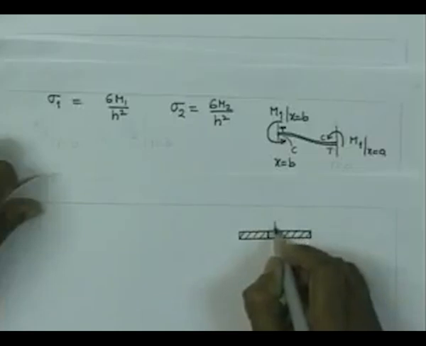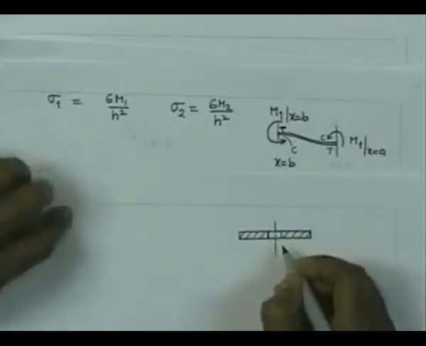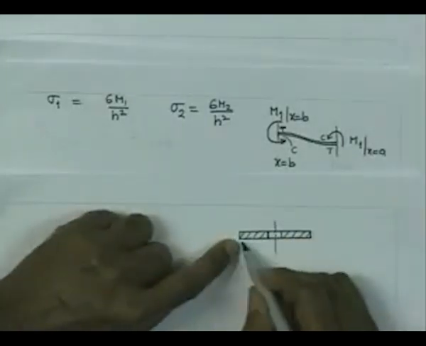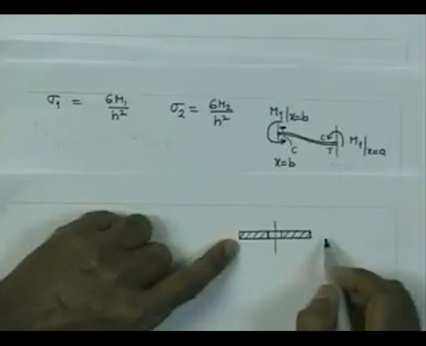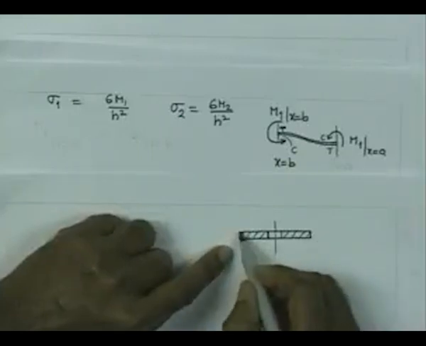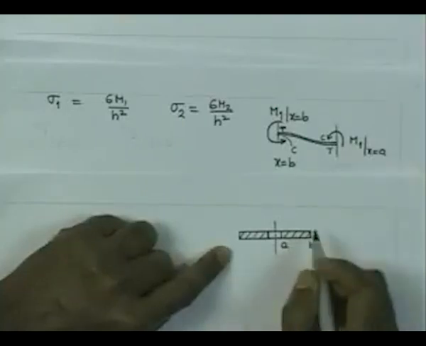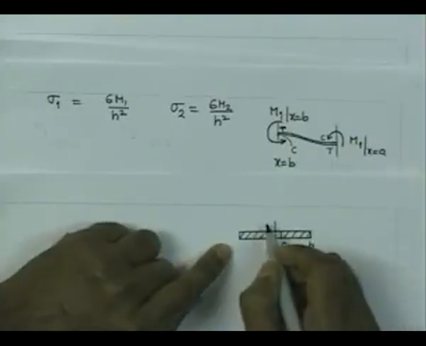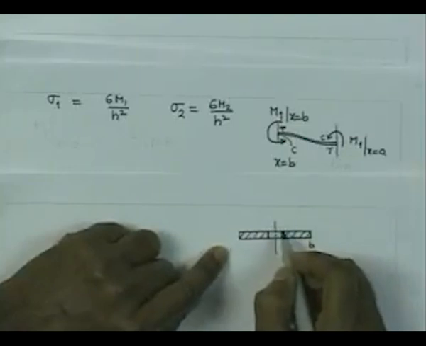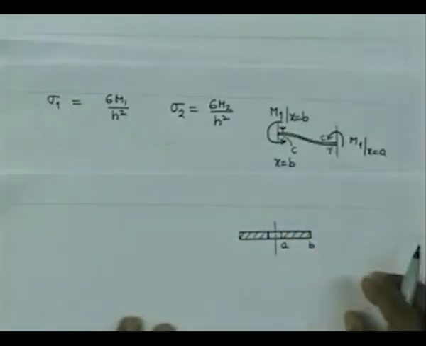It can be supported at the edges, it can be clamped at the edges, there can be distributed pressure over this portion. Let us say x is equal to a to b, there can be distributed loading, there can be concentrated loading acting at the inner edge, and many combinations are possible.